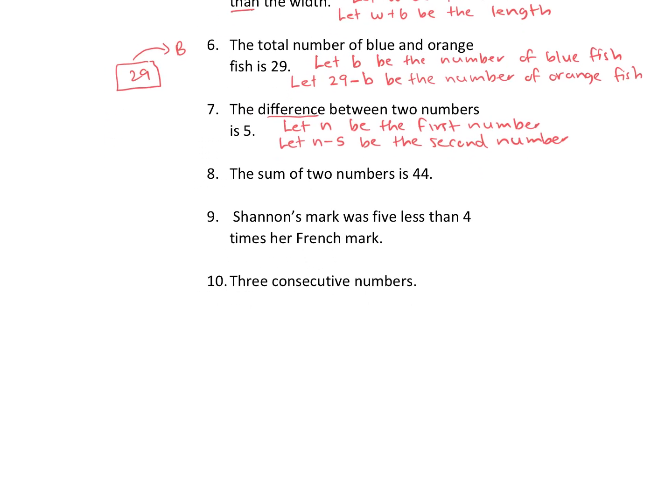Okay, the sum of two numbers is 44. So this is similar to the fish one. We've got two numbers that add to 44. Right, let's call them a plus b. So we have to describe in the same letter. So I'm going to let a be the first number.